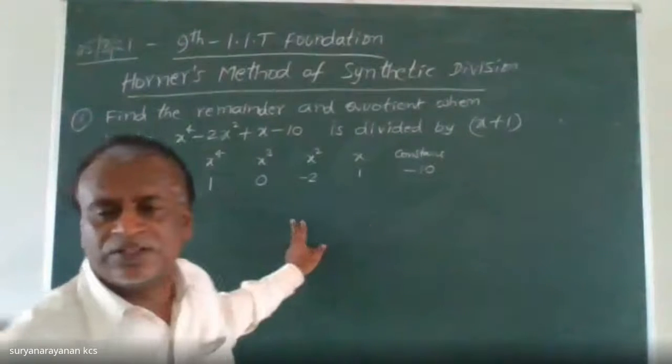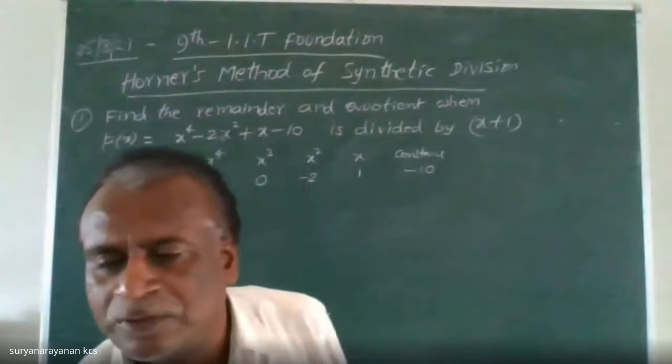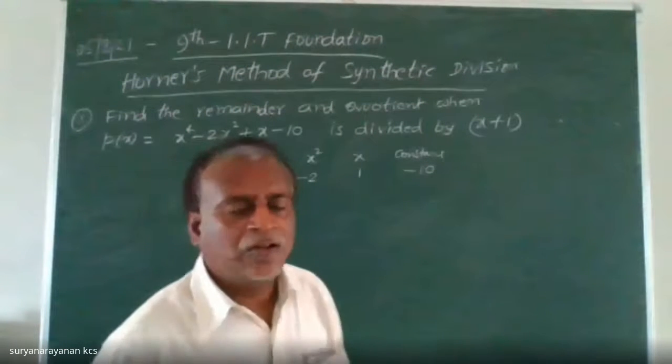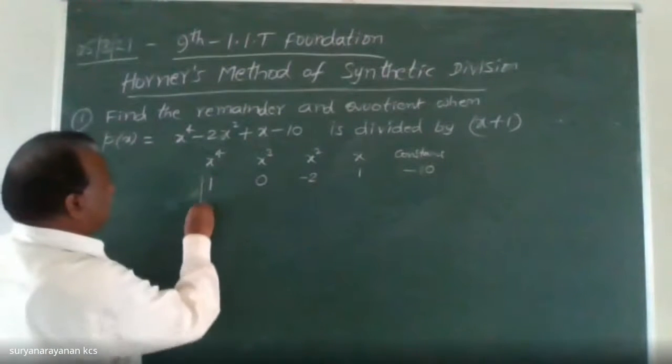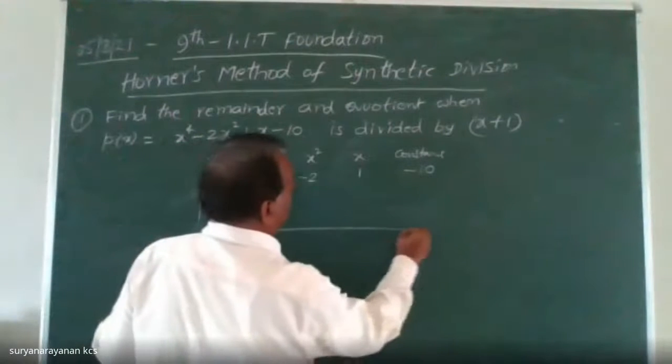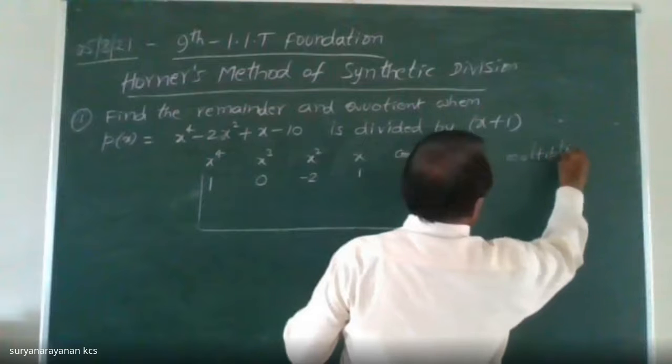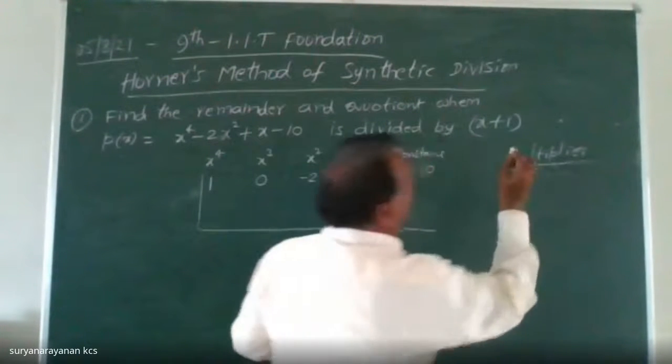This is the first horizontal line. Understood this first horizontal line, my dear children? Understood, sir. After writing the first horizontal line, what should be found here? Multiplier.